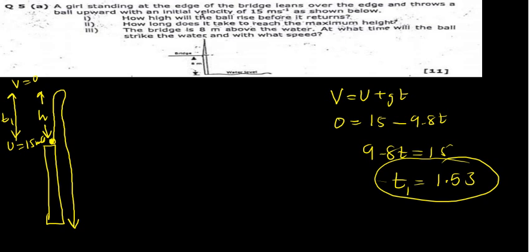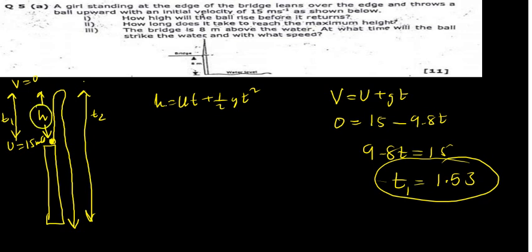And then let's find the time it will take for the ball to go from the very top to the very bottom. We are going to call that t2. So how do we find t2? We are going to say height is equal to ut plus half gt squared. In this case, the height is the total height: the height here and the height of the building.